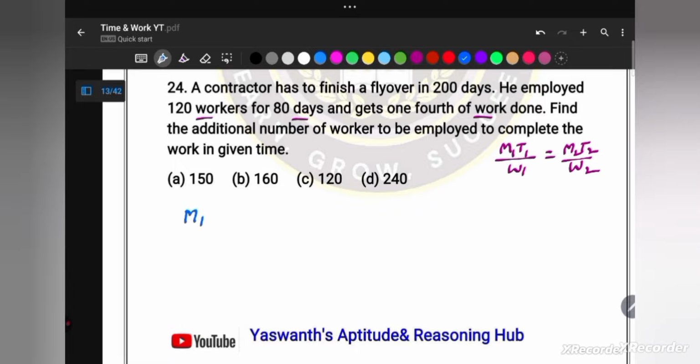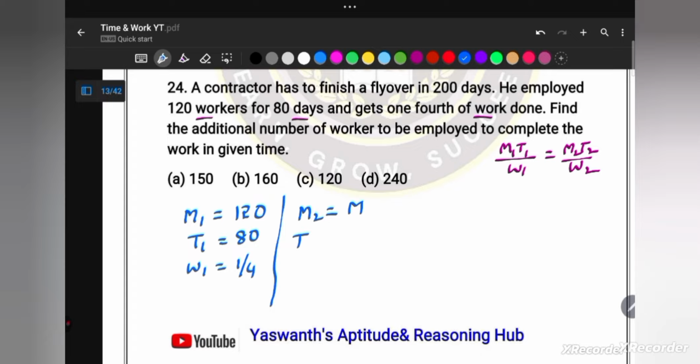Now the first scenario: m1 will be equal to 120 workers working for how many days? 80 days. So they will be completing how much of the work? 1/4 of the work. In the second scenario, we don't know the manpower; we need to find it.